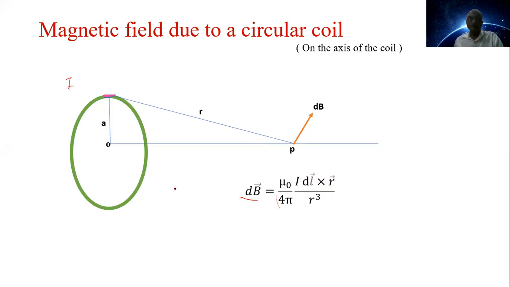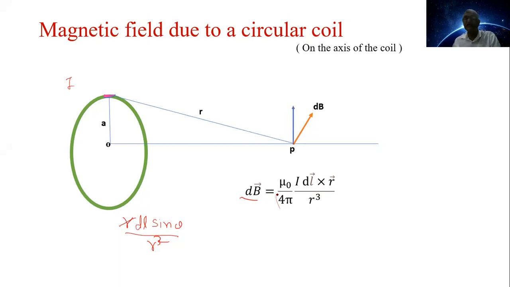Now here the magnitude of this becomes dl into r into sine theta divided by r cube, and that's why here we have r square. When we consider the magnitude, we can write like this. This is the vector form.